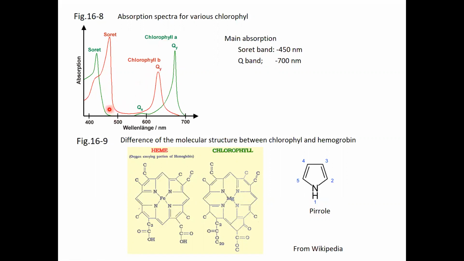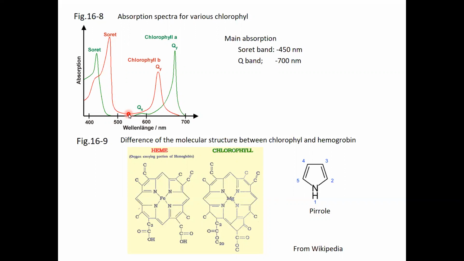The Soret band is typically in the blue region from 400 to 500 nanometers, and the Q band is located around 600 to 700, meaning the red. So blue and red are absorbed by chlorophyll, meaning the green side is open. That makes most leaves green.